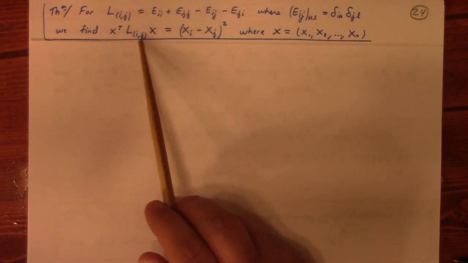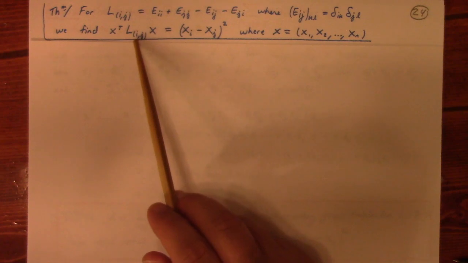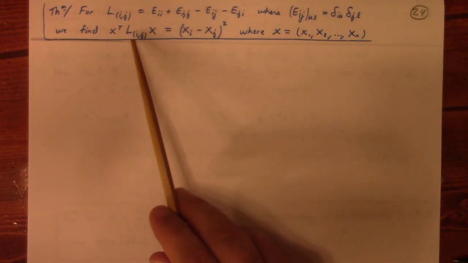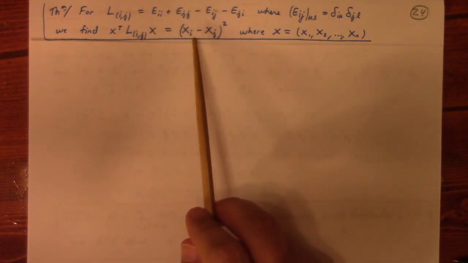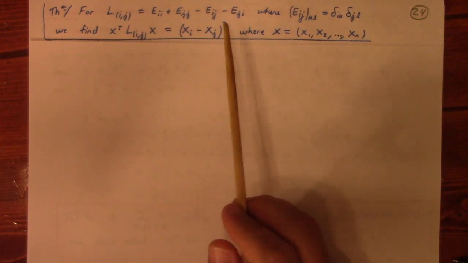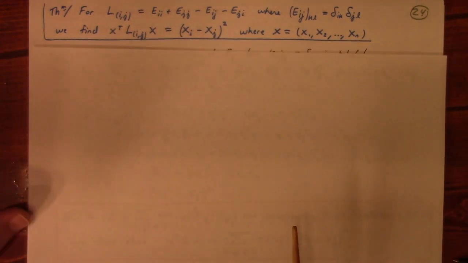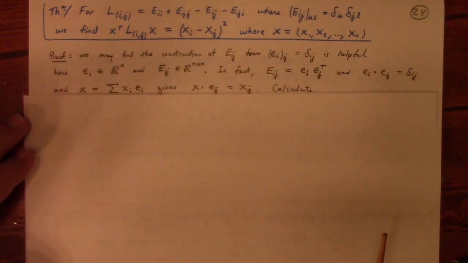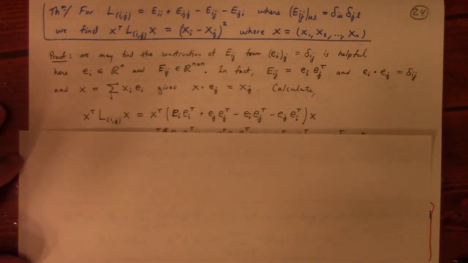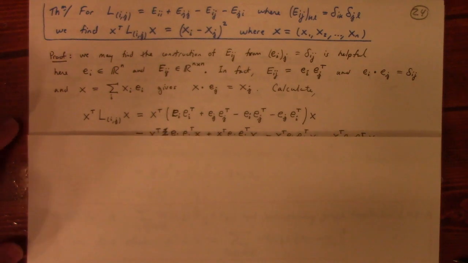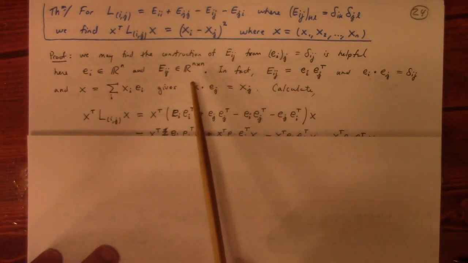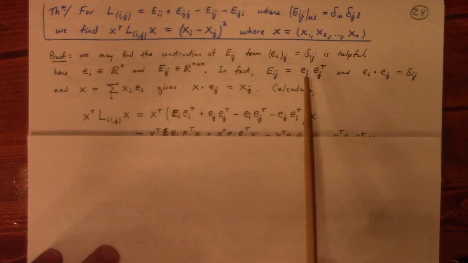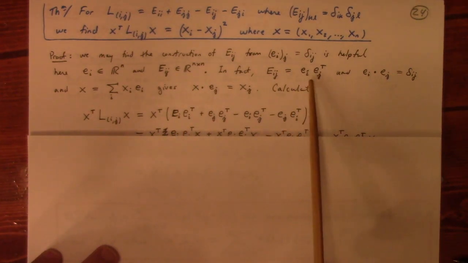Spielman has a better discussion of this than I'm giving at the moment. But anyway, multiply x transpose times that times x, and I just get the difference of the ith and the jth coordinate of x, squared. That's kind of snazzy because, and here's the proof of it, which is just the usual standard basis kind of stuff. Like I'm saying that you can take any matrix unit and write it as a product of the standard basis, just like that.